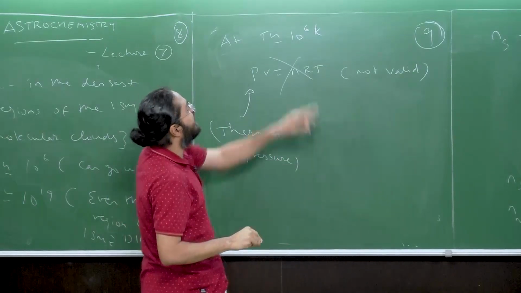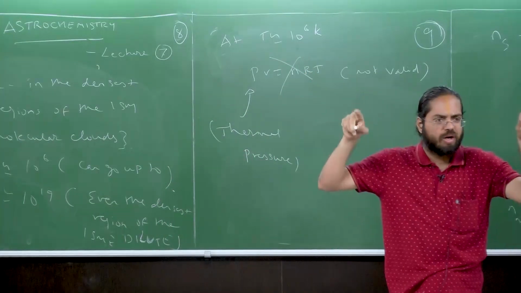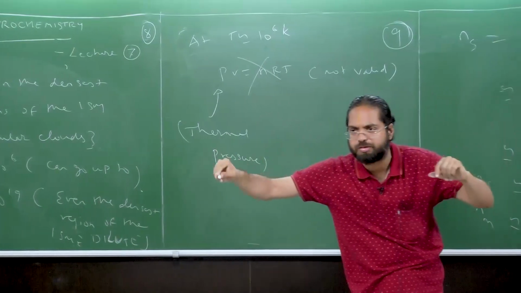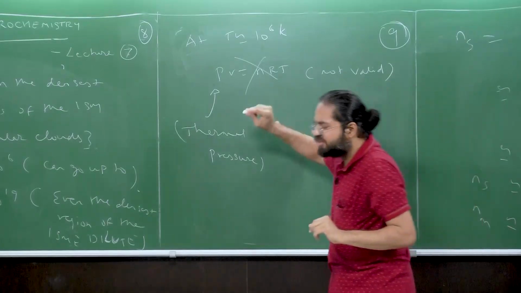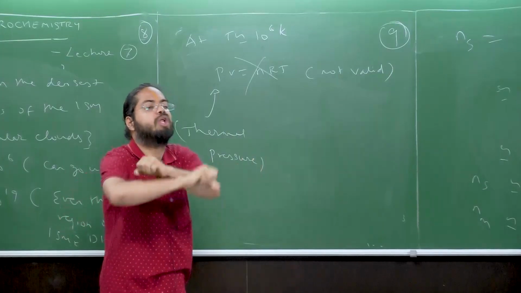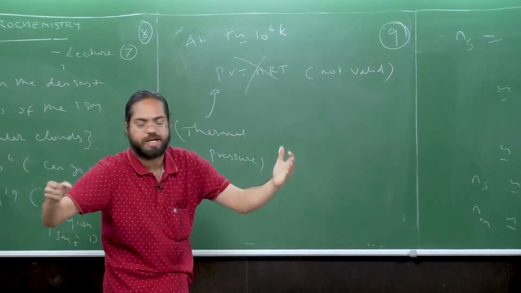Now, at extremely high temperatures, the idea of what is called molecular equilibrium, we'll discuss this more when we discuss thermodynamics and thermochemistry in the context of astrochemistry, okay. Now, this is the thermal pressure, which is due to the pressure exerted by the molecules present in the gaseous state.